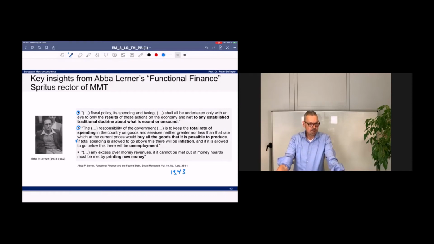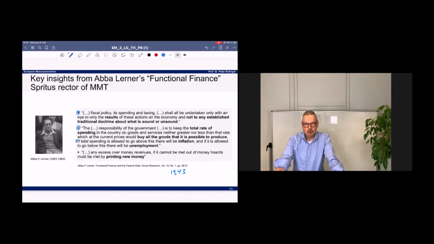So far, this is relatively traditional. But what is now important for Lerner's view is that if the government is confronted with a huge decline in aggregate demand, then it's a responsibility of the government to fill this gap and to increase demand.